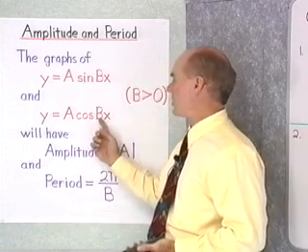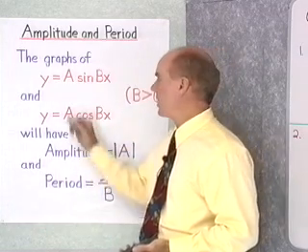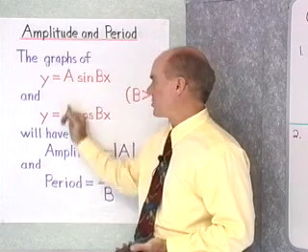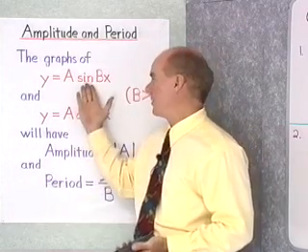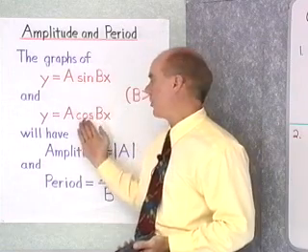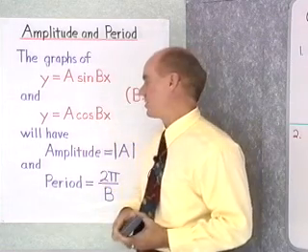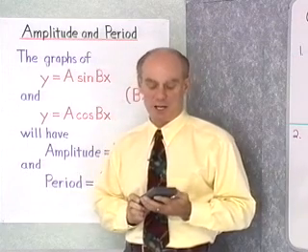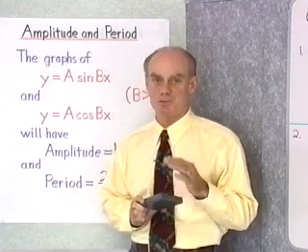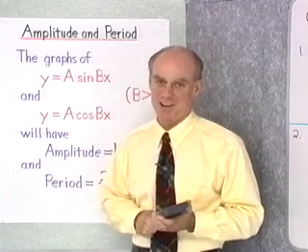Now I'm going to assume right here that this number b is a positive number. A can be either positive or negative, and I just want to look at the absolute value of it, and that will tell me what the amplitude of the basic sine curve changes to, or the amplitude of the basic cosine curve changes to. What I want to do first is go to the graphing calculator and explain this in terms of some actual coefficients. Let's go to the graphing calculator now.